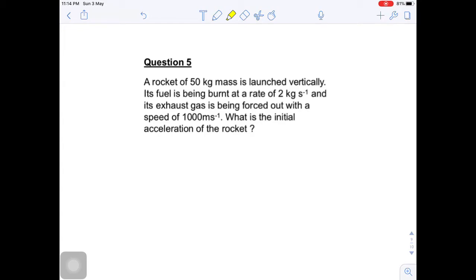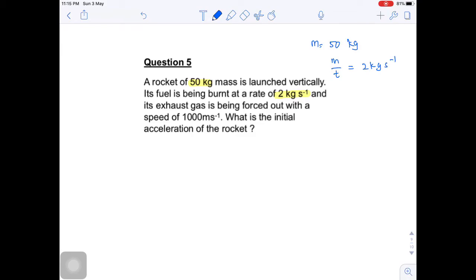A rocket of 50 kilogram mass is launched vertically. Its fuel is being burnt at a rate of 2 kg per second. 2 kg per second means that mass divided by time is equal to 2 kg s^-1.